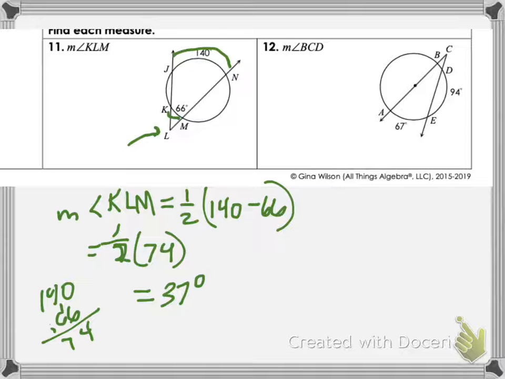Okay, let's look at this other example. Here we have an angle C, which is formed outside of the circle with 2 secants. So angle C is going to be half of this arc measure minus this little itty bitty arc measure here.